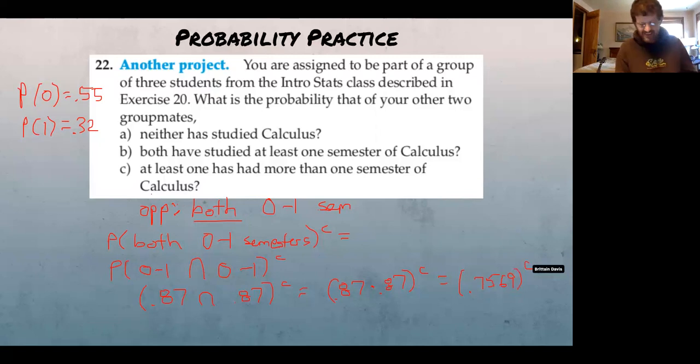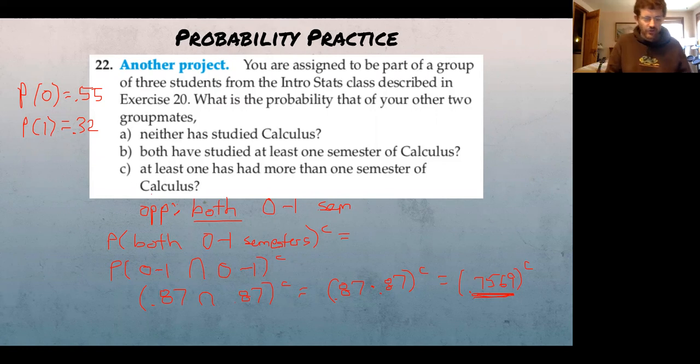And I want to make sure it's clear what this number means. There's a 75.69% chance that both of my group mates have taken 0 or 1 semesters of calculus.